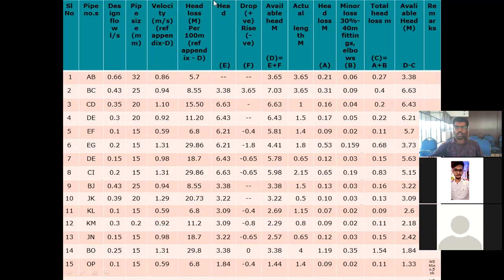Now coming to BC. BC Q will be 0.43 and 5 6 will be 25. We are getting them from the loading unit method. This we have already found out. Now velocity 0.94.